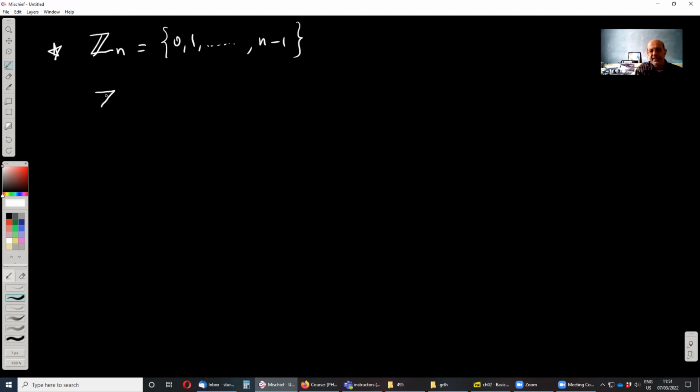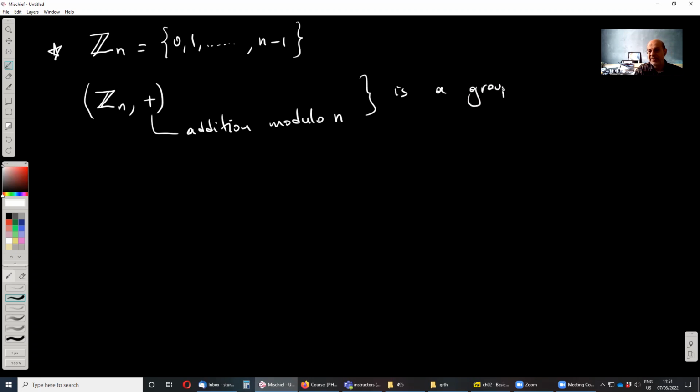So this Zn together with the addition, let me just say it like this, this is addition modulo n. This is a group. It's actually a very nice group, which we use a lot in applications.